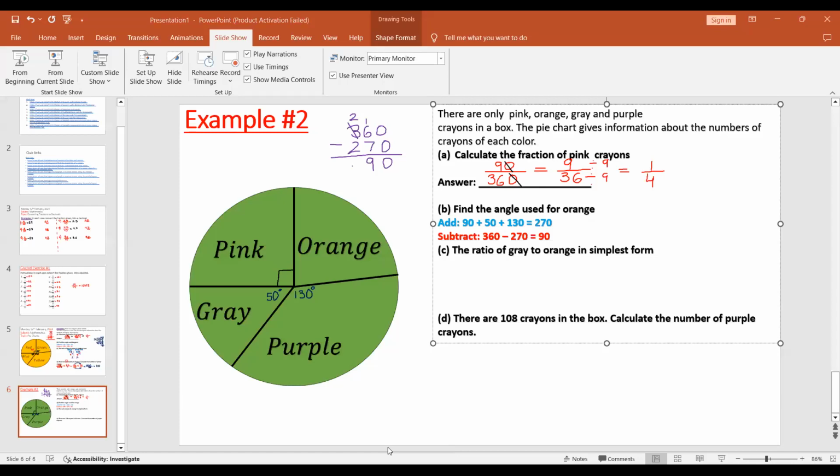It's Brene. Say that again, Brene. You put the 50 for gray, the degrees, and you put 50 to 90 as a ratio.